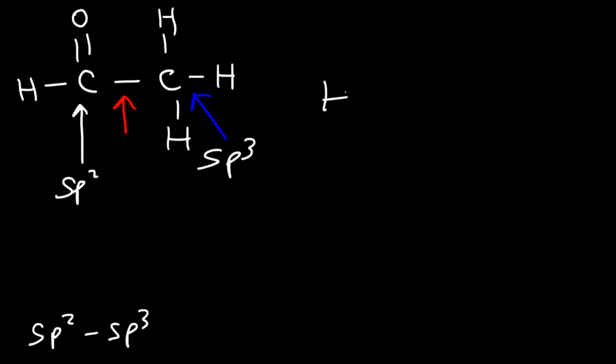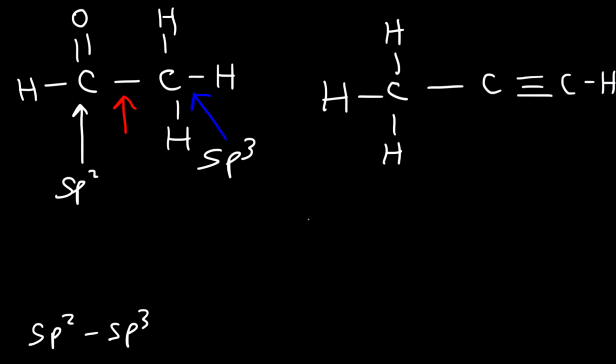Now let's try another example. In this example, find the hybridization of the bond between these 2 carbon atoms. So the carbon on the left is attached to 4 groups.